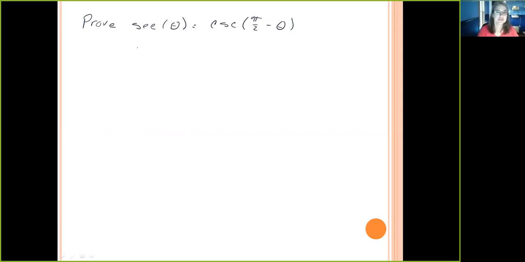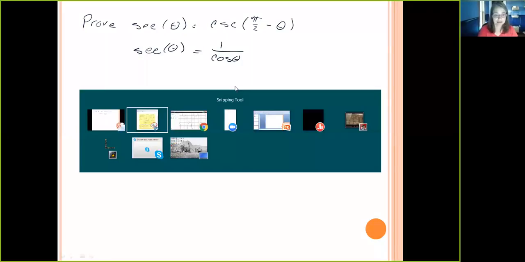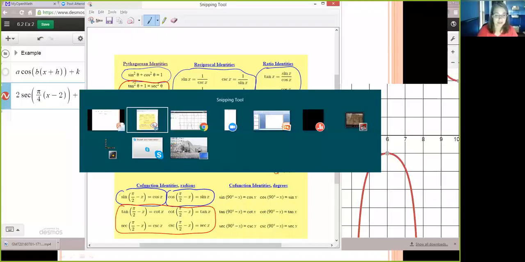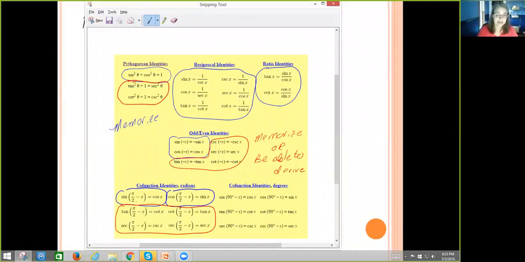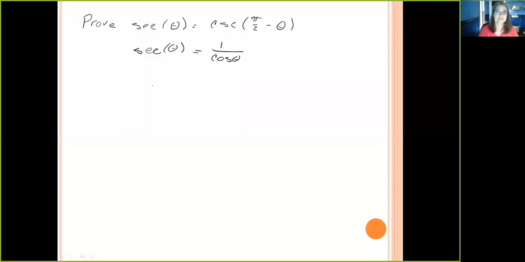What we're going to do is start with secant, and remember that secant is equal to 1 over cosine. Now we're going to use our cosine to sine identity. It says that the cosine of an angle is equal to the sine of pi over 2 minus that angle.